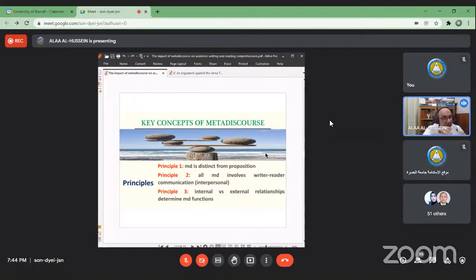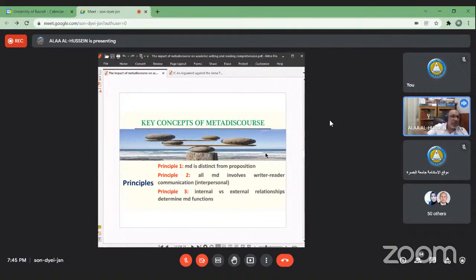Yes, meta-discourse functions in context. In context, we can identify which category of meta-discourse it is. Does it work as meta-discourse or as a proposition? Sometimes it becomes very difficult to identify this distinction. Okay, so the first principle is that meta-discourse is distinct from proposition.